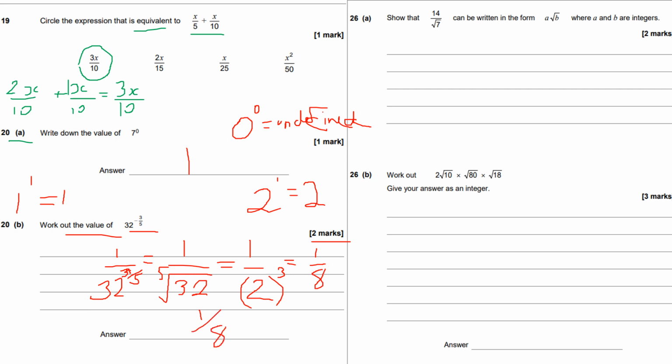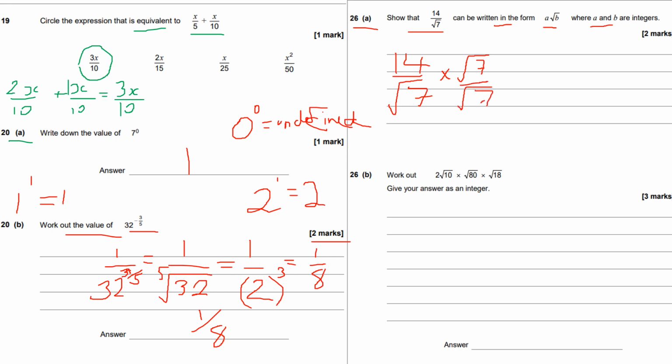Question 26a, show that 14 over root 7 can be written in the form a root b, where a and b are integers. So I've got to rationalize the denominator. So I'm going to multiply top and bottom of the fraction by 1, but I'm going to write 1 as root 7 over root 7, which will become clear in just a moment.